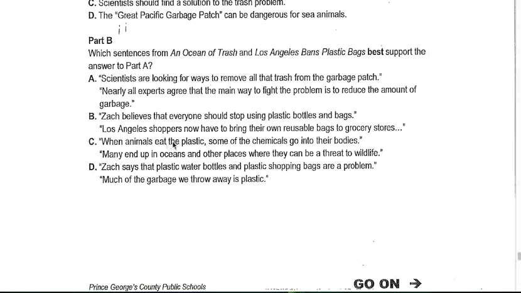When animals eat the plastic, some of the chemicals go into their bodies. Many end up in oceans and other places where they can be a threat to wildlife. Zach says that plastic water bottles and plastic shopping bags are a problem. Much of the garbage we throw away is plastic, which best supports the answer of Part A.